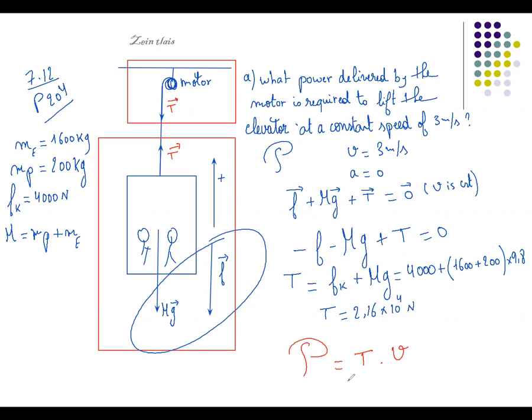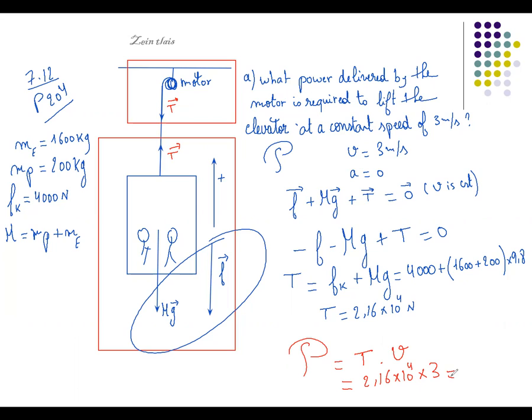So here we get 2.16 times 10 power 4 times v, which equals 3 meters per second.